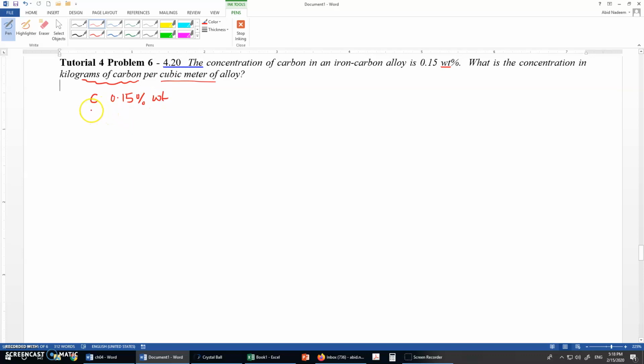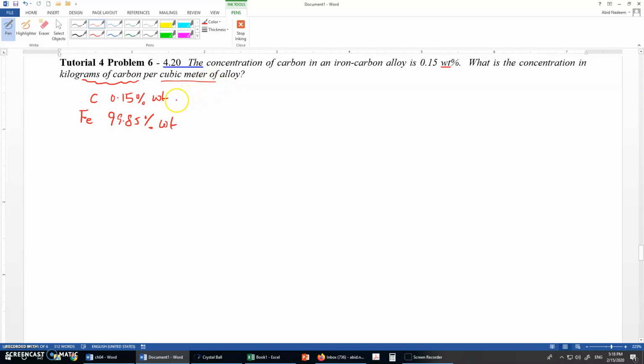And the other item is iron. So that will be 100 minus 0.15. That means 99.85% by weight. So how much carbon is there in the cubic meter of alloy?